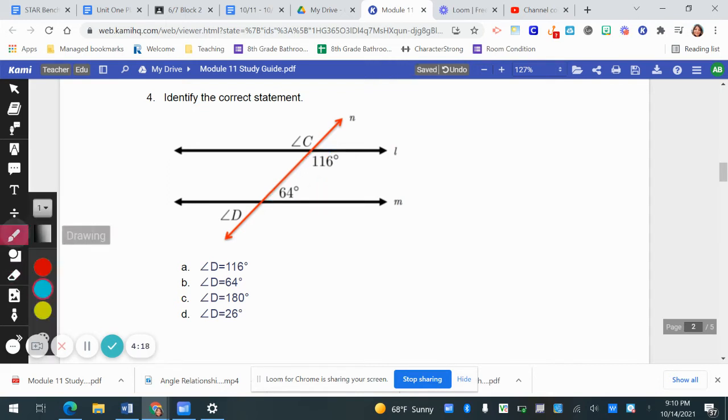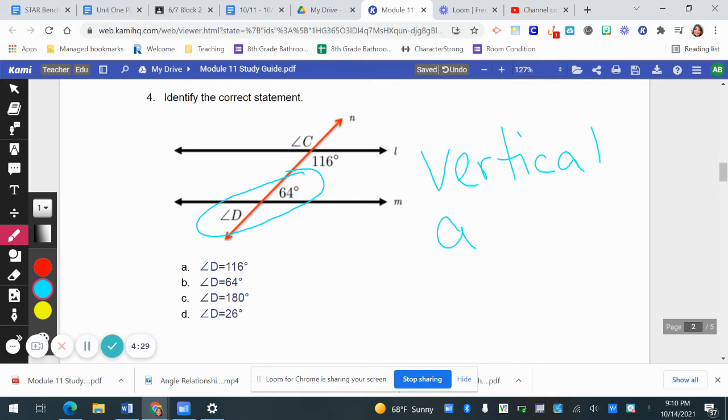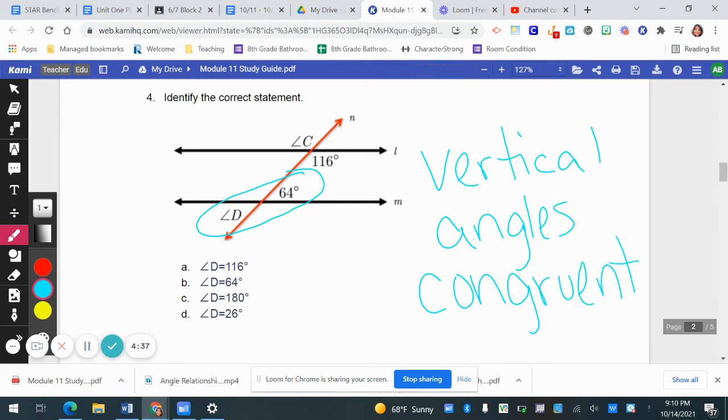I can look at the 64 degrees and the measure of angle D, and I see that those are vertical angles. And because they are vertical angles, they must be congruent, which means they are the same. So therefore, the measure of angle D must be 64 degrees.